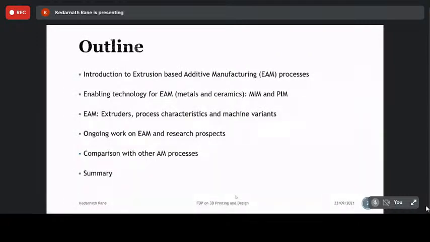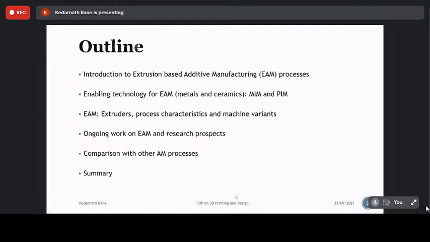Today, I am going to cover, first of all, extrusion-based additive manufacturing process, a brief introduction to the process, how it works, and what are the major steps, because this is not a single step process, it's a multi-step process, and that is one of the limitations of this process. But there are some merits as well that we will see through this presentation.